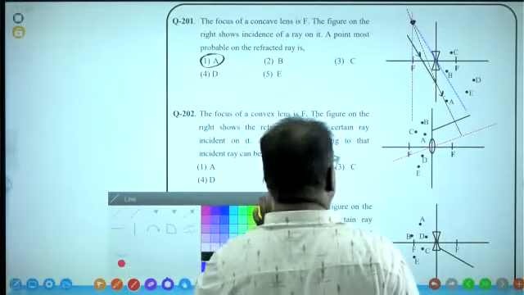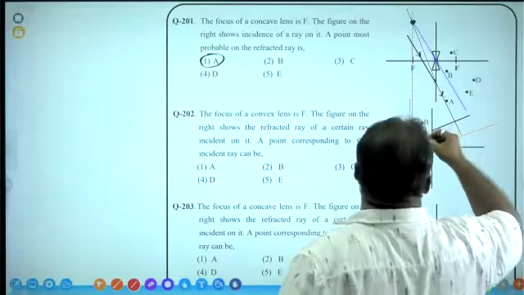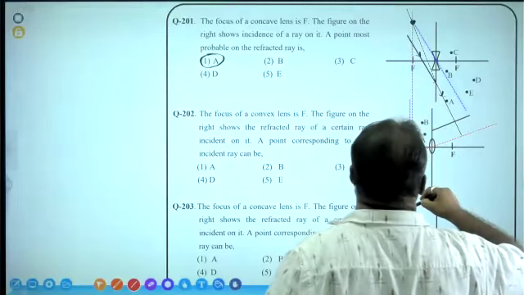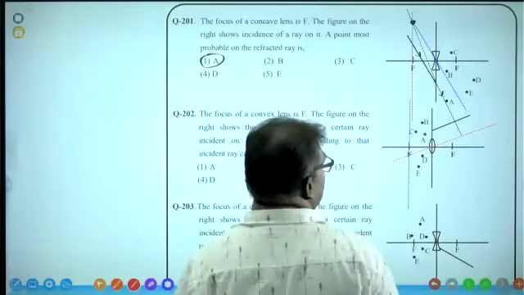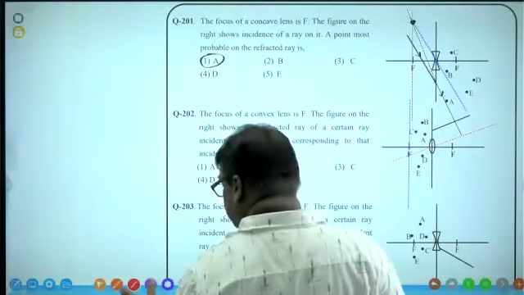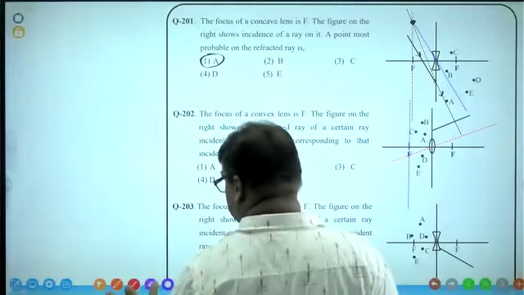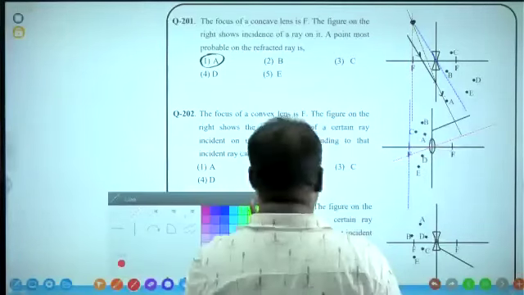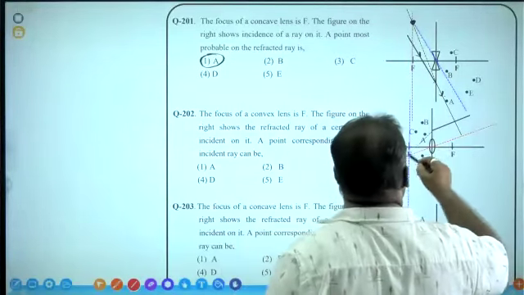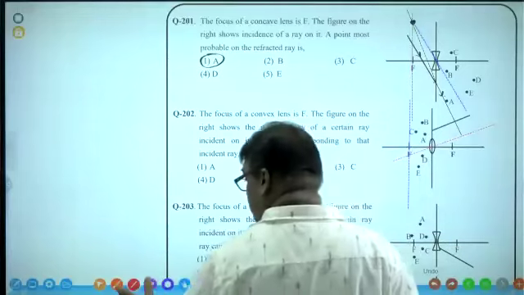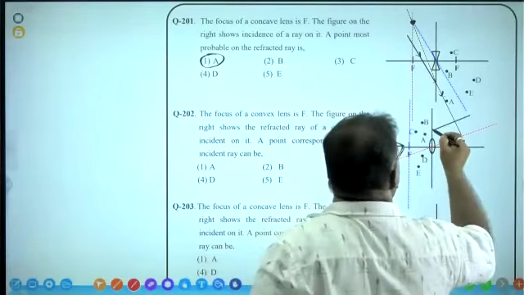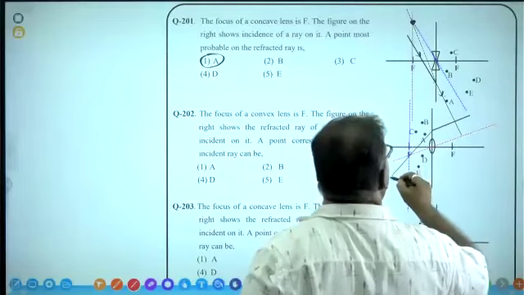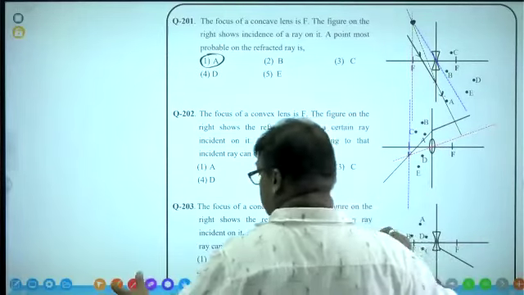Then this should be the focal plane. And the light ray must travel across the optical plane like this now.